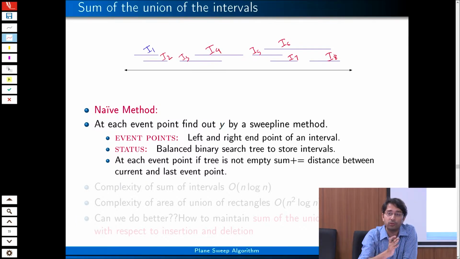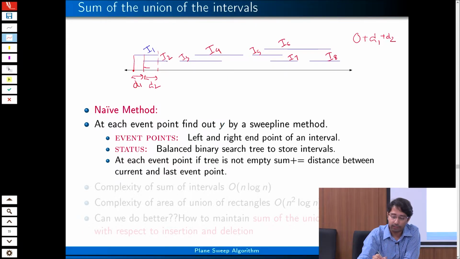What is the first event point while sweeping from left to right? The left endpoint of I1. Is there any active interval right now? No. We add 0. The next event point is this one. Is there any active interval? Yes, so we add D1. Next is here. Is there any active interval? Yes. At this point I will delete I1, and the only active interval remaining is I2. The next event point is this one.